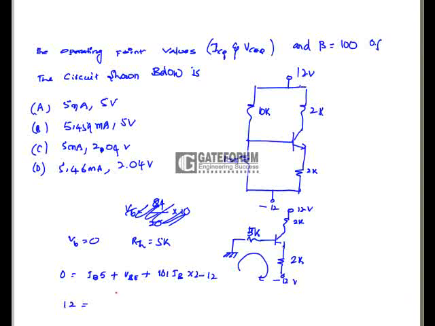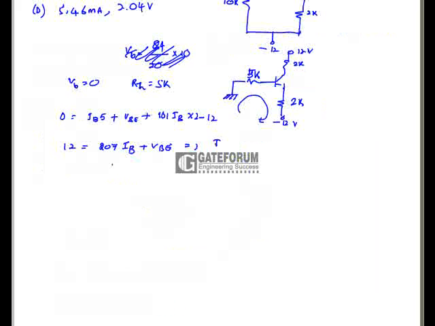So 12 is equal to 207 IB plus VBE, that is IB is equal to 12 minus 0.7 by 207 milliamps. So ICQ is nothing but beta times IB, that is 100 times 11.3 divided by 207 milliamps.